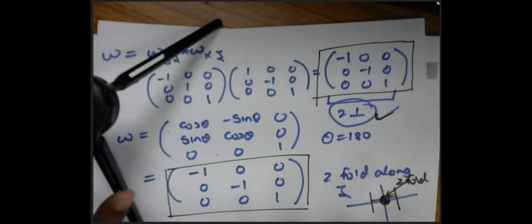Now let's go to question number 2. Let me read it for you. The question is telling us to draw the stereographic projection for the 6 bar roto-inversion and write its symbol.